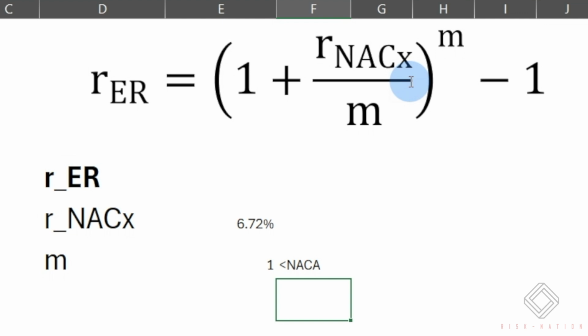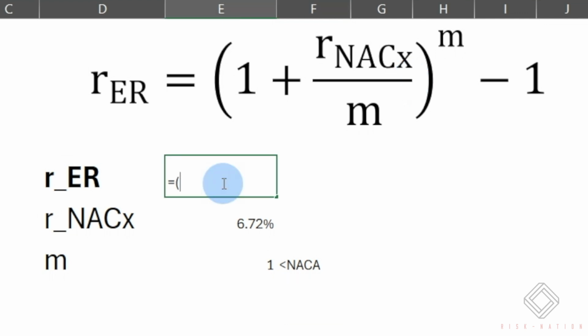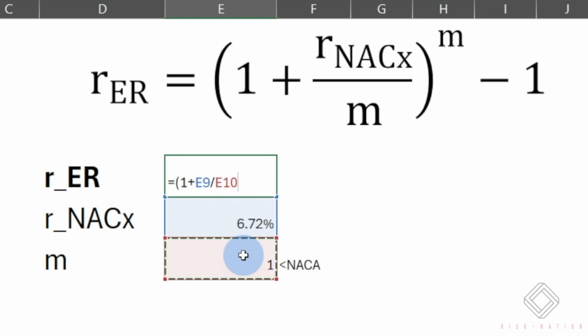We only need those two. Here is the calculation. 1 plus the rate divided by 1. But you can already see that when it's divided by 1 and it's raised to the power 1, let me put a bracket here just to make sure that our BODMAS in Excel does not, for whatever reason, perform these operations in the wrong order, minus 1.